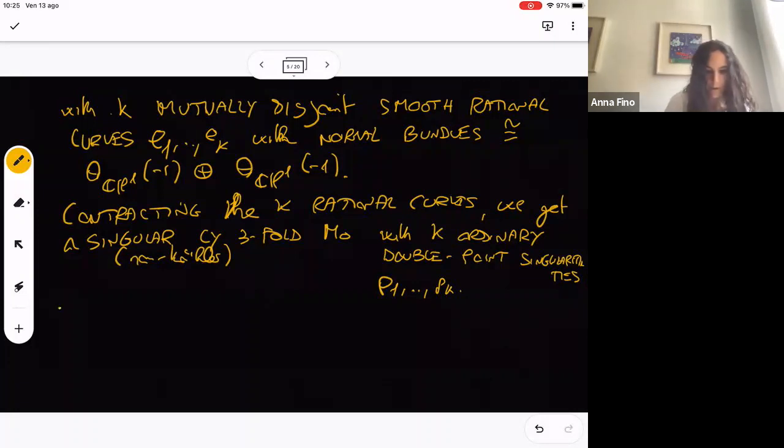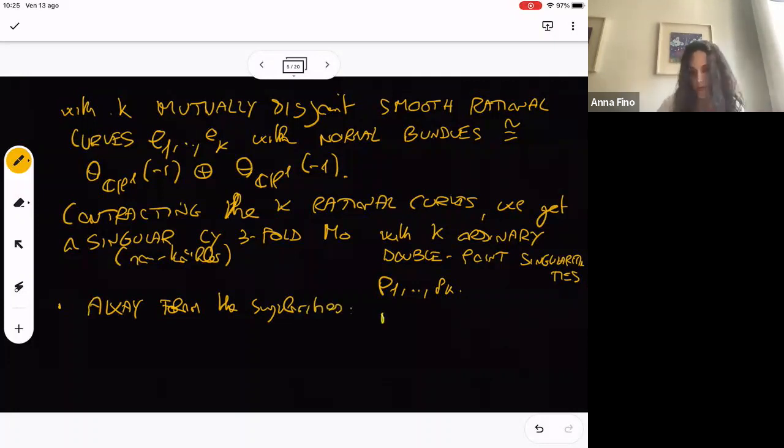Okay, what happens to the new manifold that you get, essentially away from the singularity?